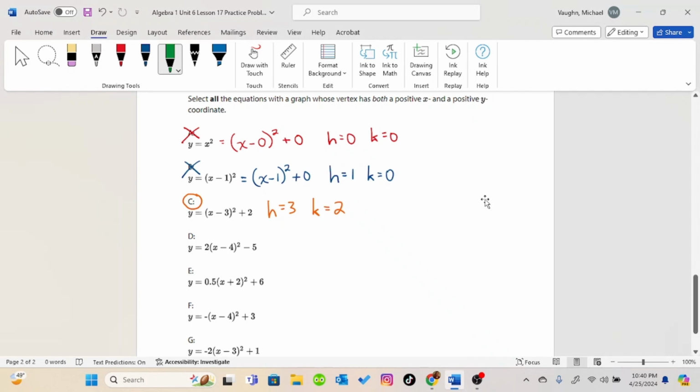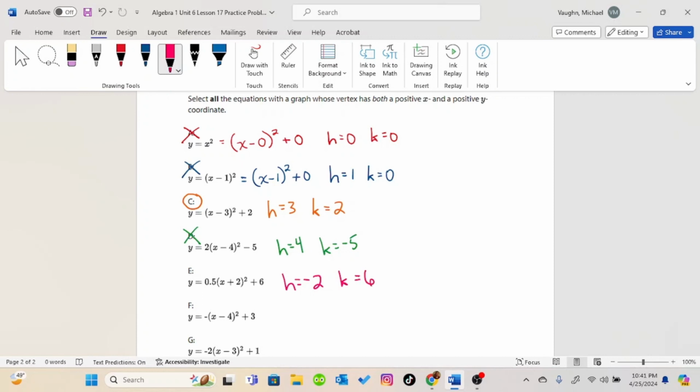For choice D, we have h equals 4 and k equals negative 5. The h is positive, but the k is negative, so D is incorrect. For choice E, we have an h of negative 2 and a k of 6.